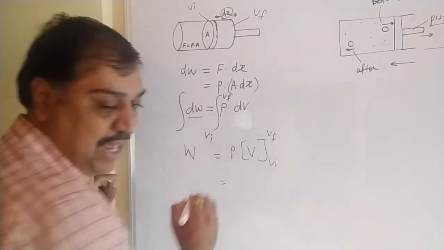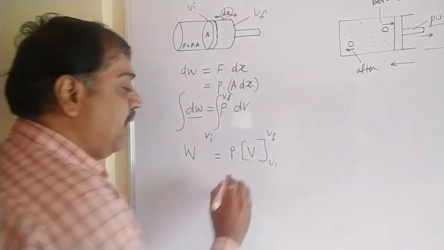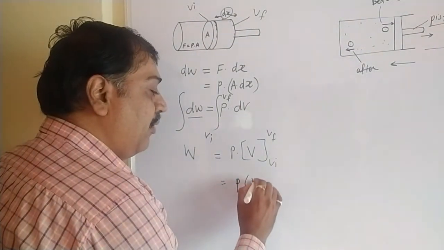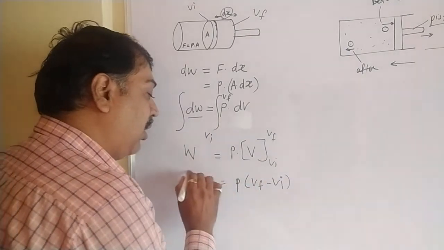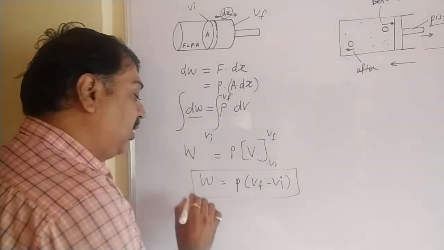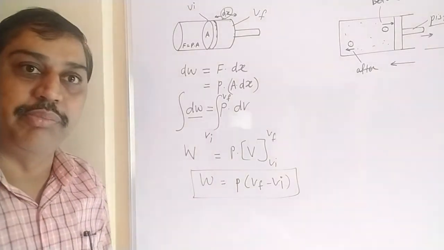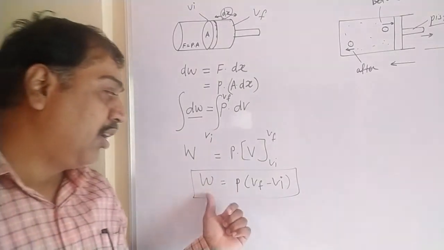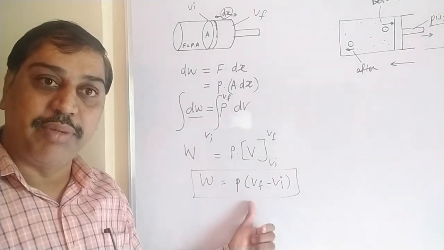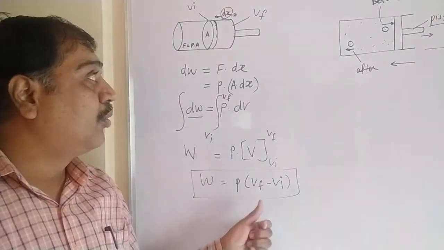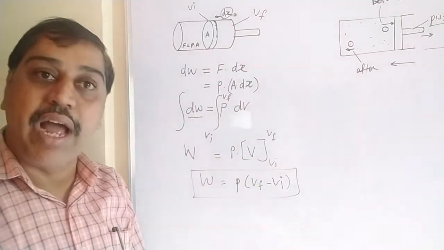You can write this as P into (Vf minus Vi), and that gives the work done required to change the volume of a system. W equals P into (Vf minus Vi). This much work is required to change the volume of a system from Vi to Vf.